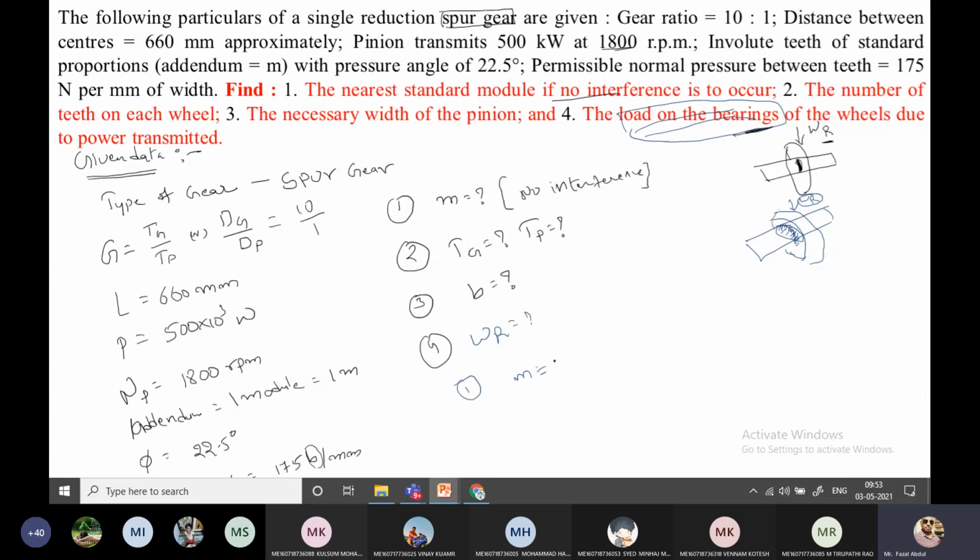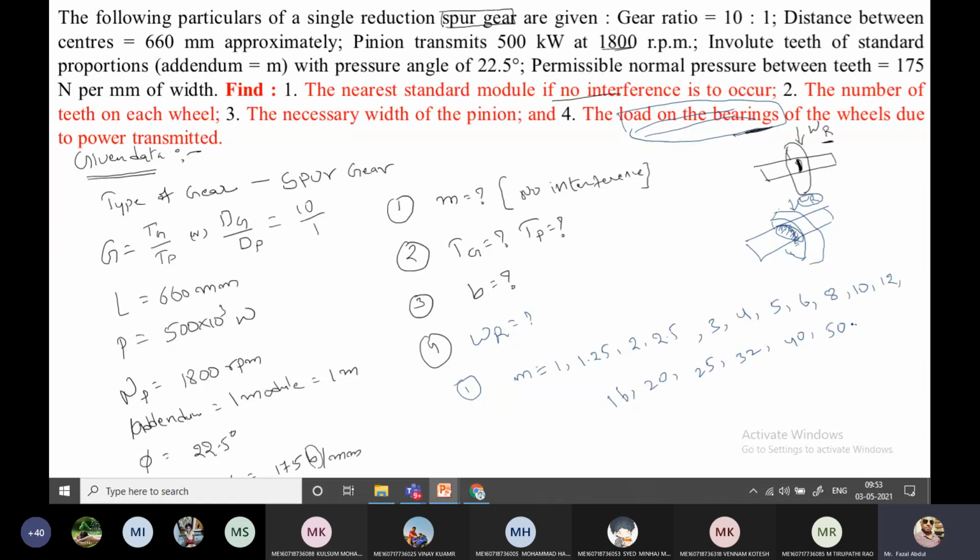Remember: 1, 1.25, 2, 2.5, 3, 4, 5, 6, 8, 10, 12, 16, 20, 25, 32, 40, 50. These module values are already defined by the Indian standards.